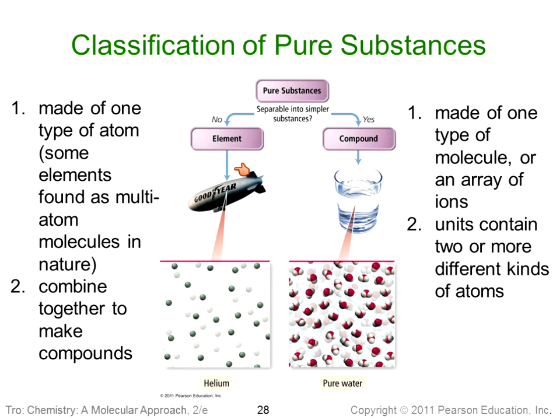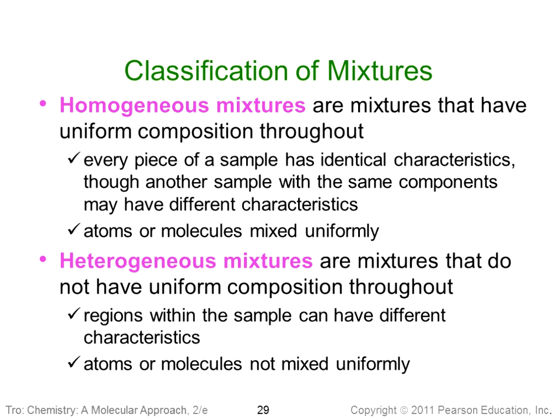Pure substance, again, we've gone over those, can be an element or a compound, such as a glass of water. A homogeneous mixture has uniform composition, versus a heterogeneous mixture, which does not have uniform composition.